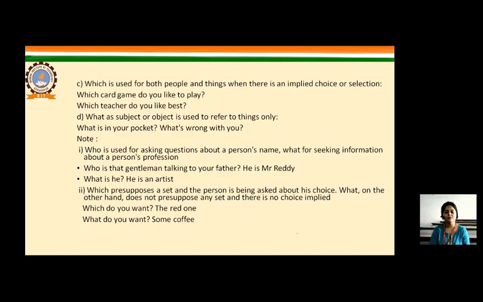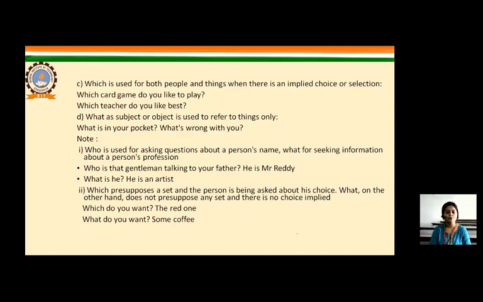So in what is wrong, you are referring to some abstract thought or feeling or emotion because of which you are behaving weird. And in what is in your pocket, you are referring to what item you have kept in your pocket. So again, you are mentioning something.